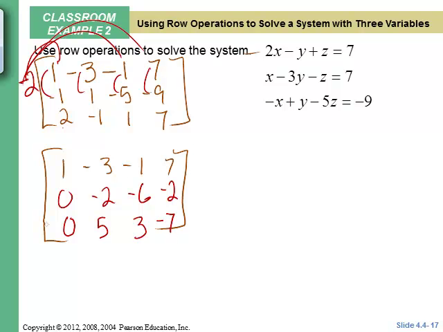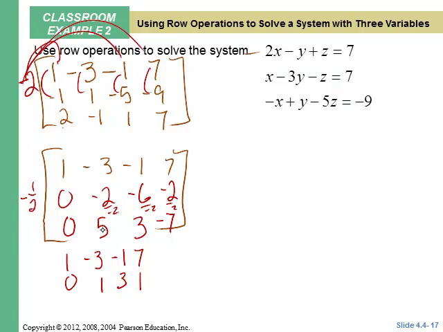Okay, now I'm going to multiply the second row by negative 1/2, or in other words, divide each of these by 2. So my first row is still 1, negative 3, negative 1, 7. My second row becomes 0, 1, 3, 1.